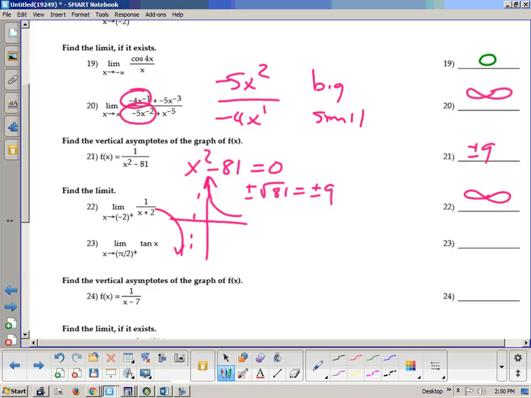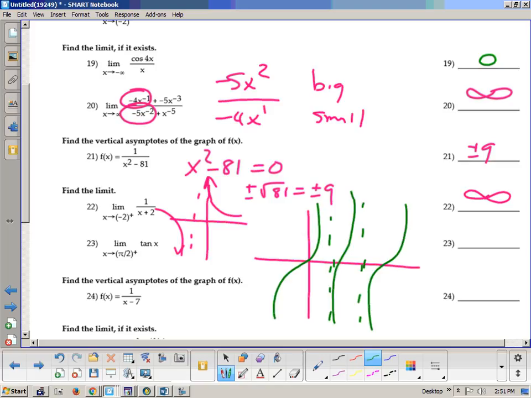Okay, the last few questions. 23, you're doing the tangent graph. If you know your tangent graph, so this is 180, 90. Your tangent graph is going to look like this.